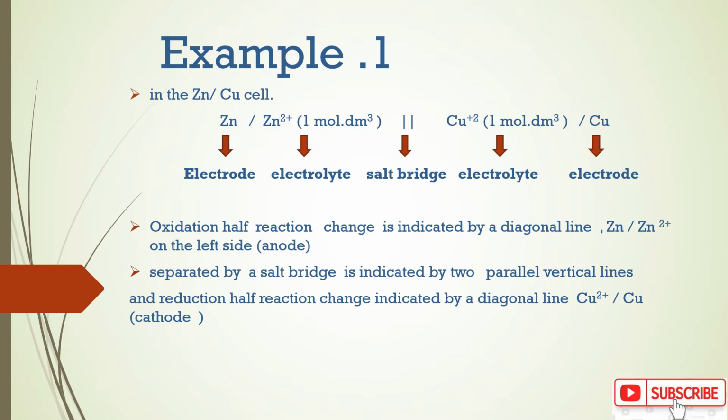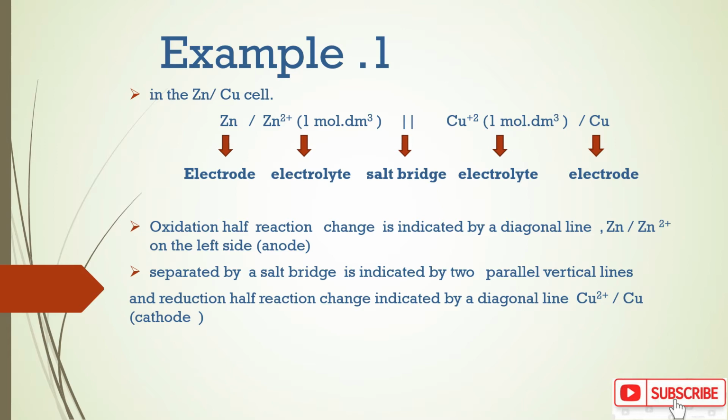For example, zinc diagonal line zinc 2 plus, meaning zinc is oxidized into zinc 2 plus, so they are separated by a diagonal line on the left side, and we know that oxidation occurs at the anode.